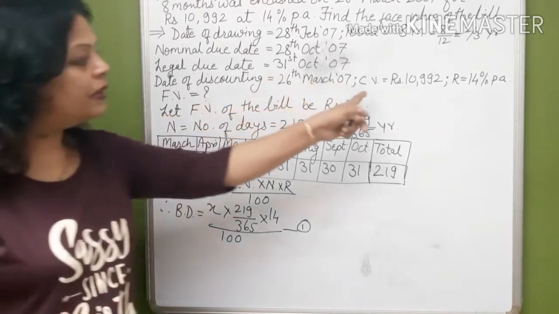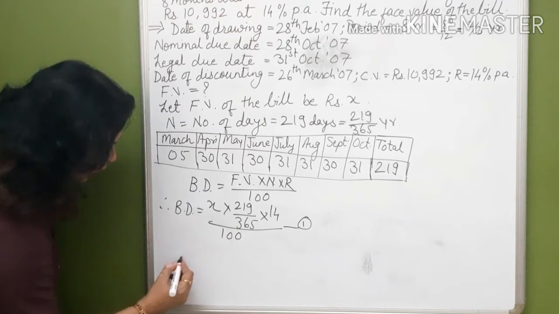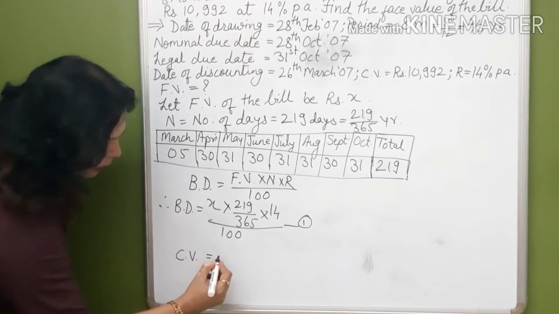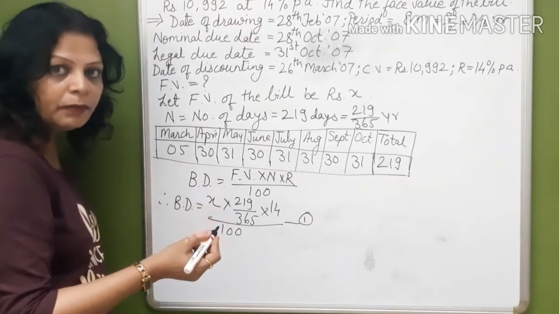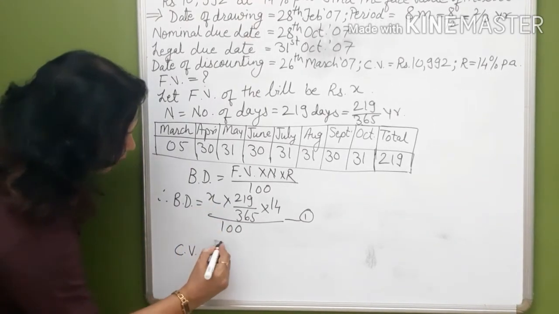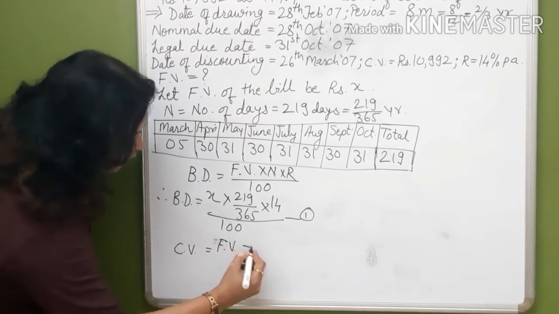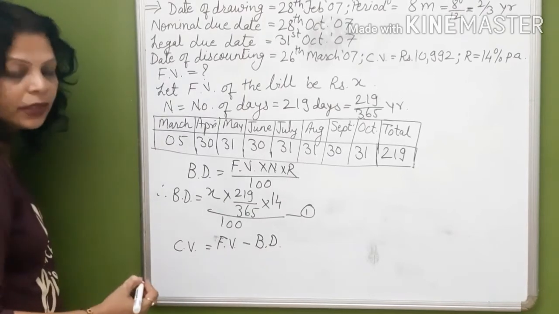Now we have been given CV also. So what is CV? That is the cash value. Cash value is nothing but your sum due minus banker's discount. So that is sum due is nothing but your face value. So face value minus banker's discount. Correct?